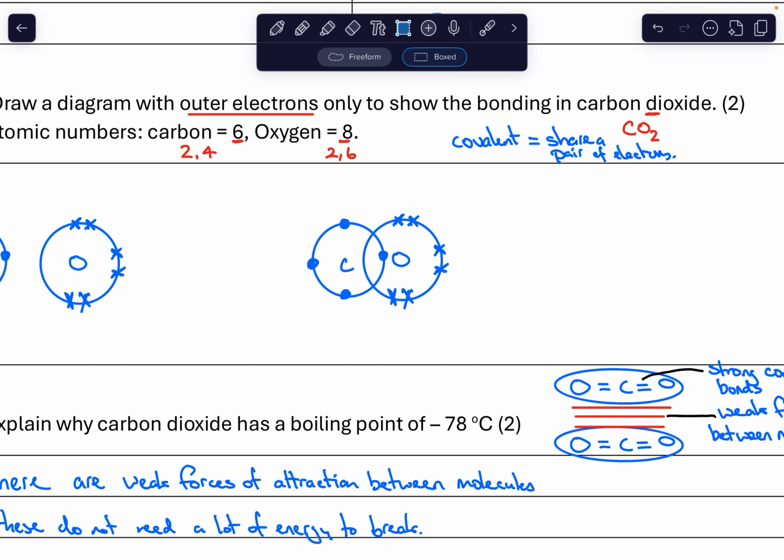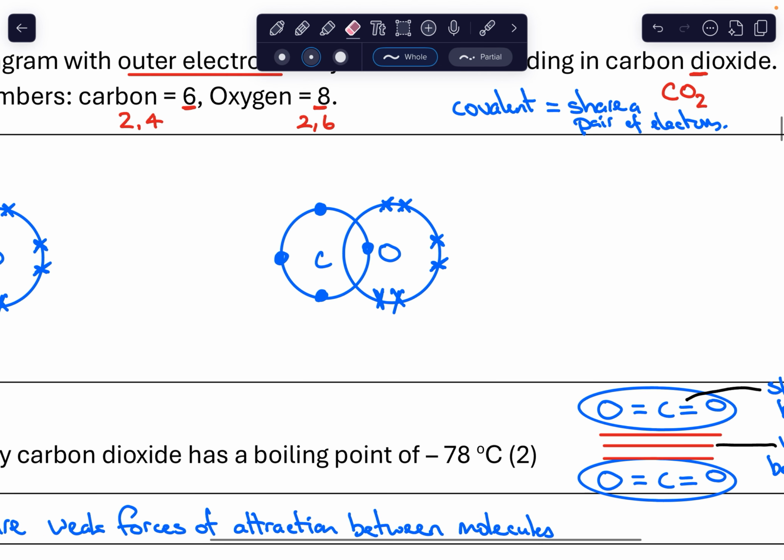Okay, right. First thing I'm going to do is we're going to share this electron here. Let's just move that for a minute. And it's going to share that electron by putting it in here. Now, if it shares that one, oxygen has to share one as well. So let's remove one of the oxygen electrons.